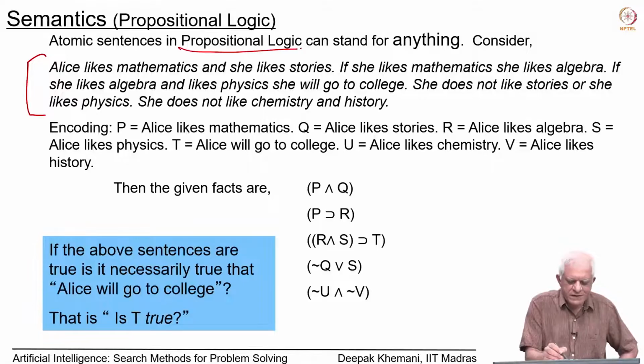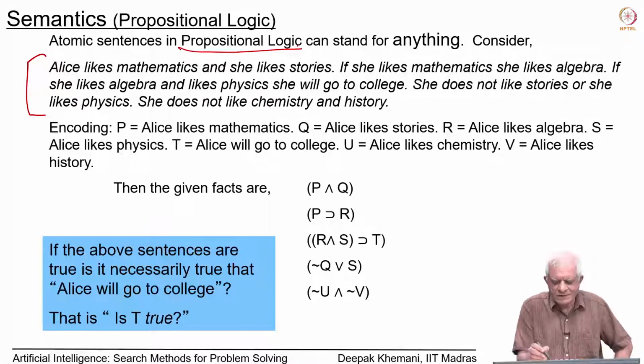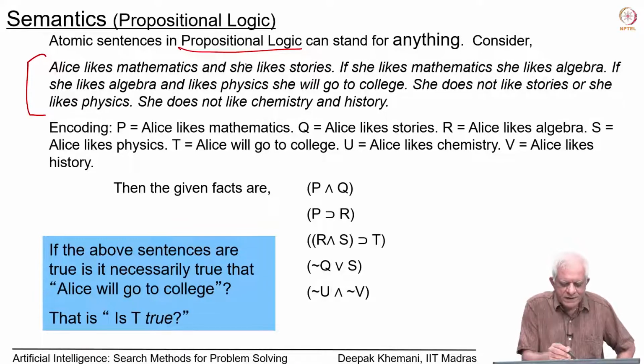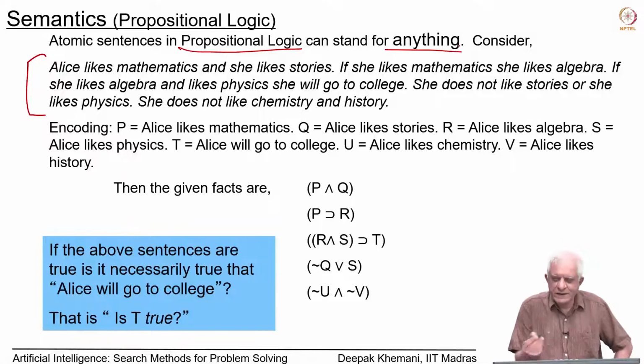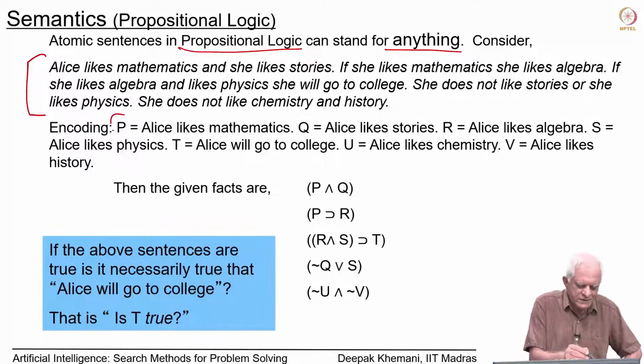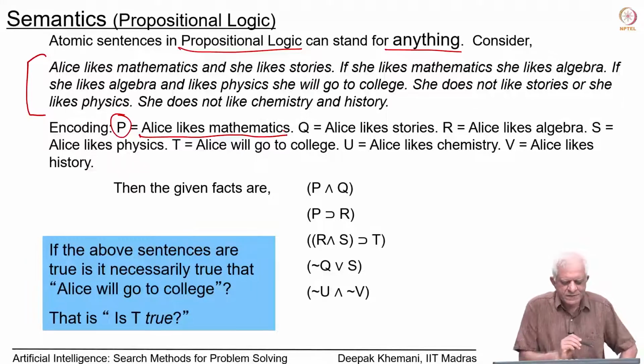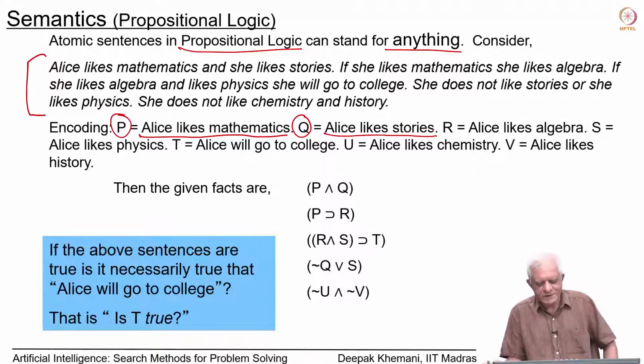In propositional logic, which is simpler than first order logic, a sentence can stand for anything essentially. So, we have a sentence called P, it says that Alice likes mathematics, and we have another propositional symbol called Q, and this says Alice likes stories.